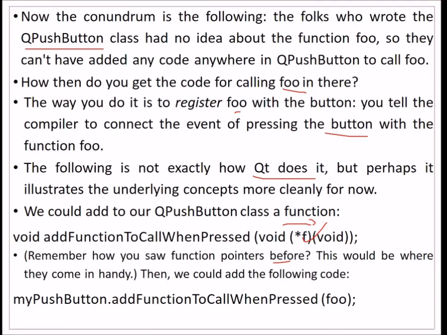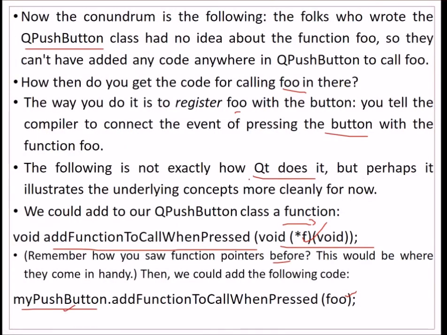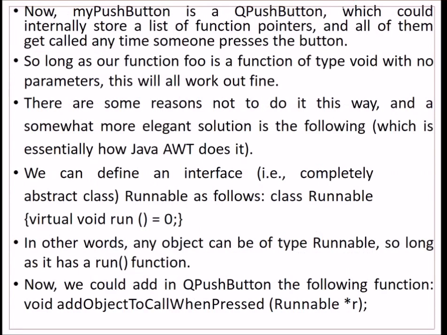Then in your MyPushButton you can call this function you just made, and inside this you can call foo. This MyPushButton is actually a QPushButton, which could internally store a list of function pointers, and then all of them get called any time someone presses the button. So you can have various function pointers, not only one.